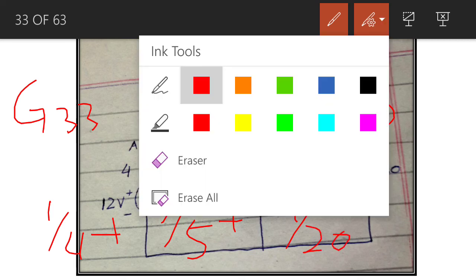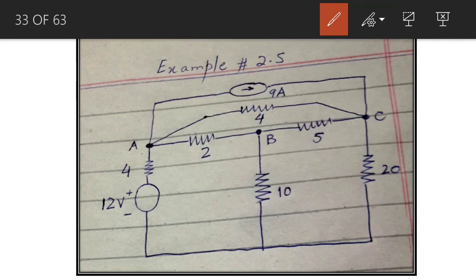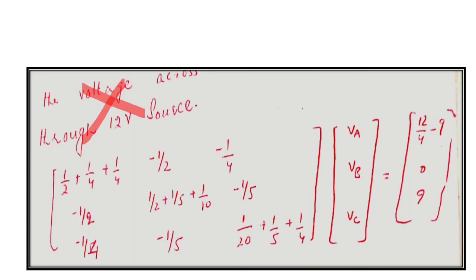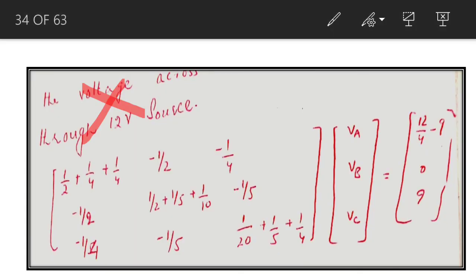So let us consider the value of G33 in the standard node equations once again. So here is G33. You see 1 over 20 plus 1 over 5 plus 1 over 4 gives you the value of G33. So let us consider the values of this G matrix once again.